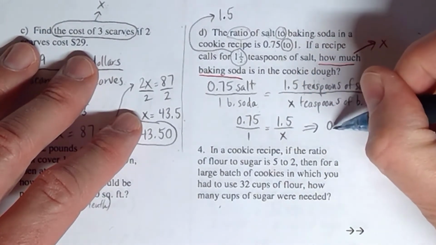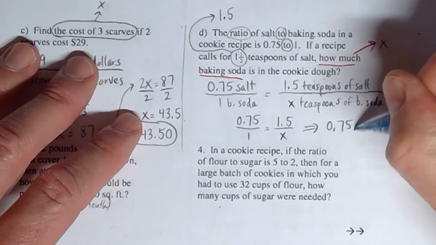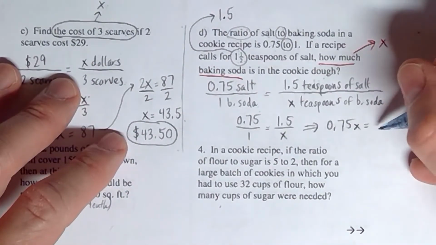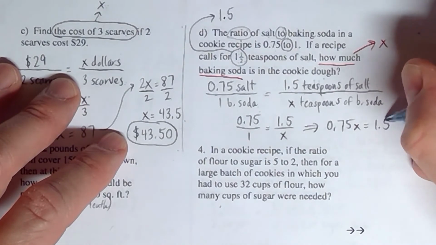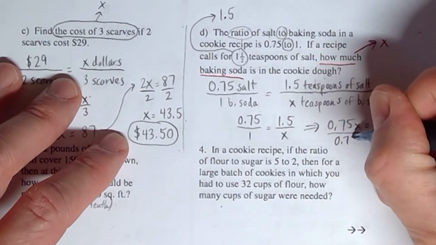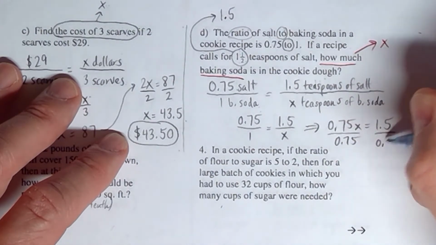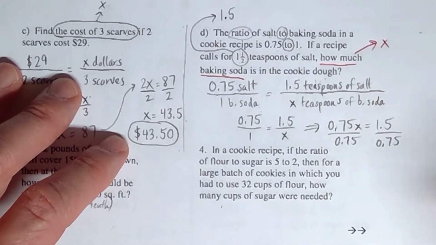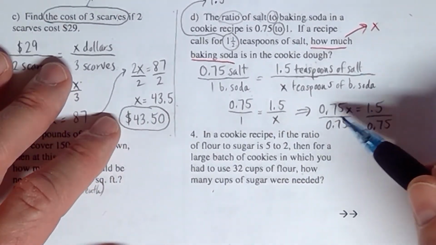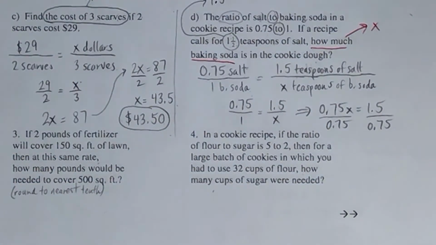If I cross multiply, I get 0.75 times x is equal to 1.5 times 1, which is 1.5. And then I divide out to get the variable by itself. Okay, please don't be thrown off by the decimals there. The decimals are just like normal whole numbers.